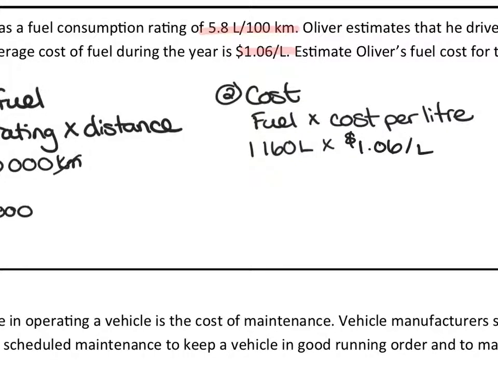So the liters are going to disappear when we do the calculation, but all you're going to do is multiply it. And you get that he spent $1,229.60 approximately to drive that amount of distance at that approximate cost of fuel.